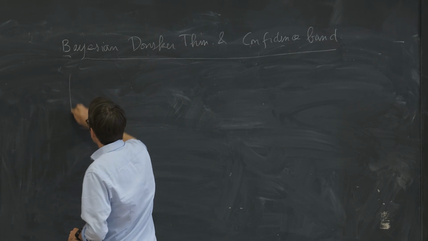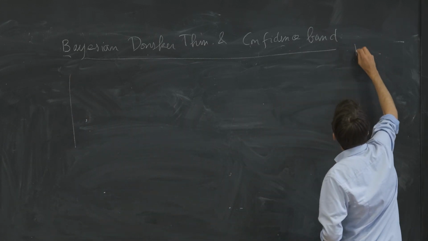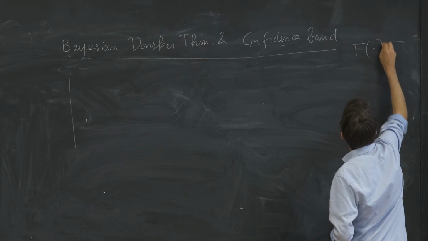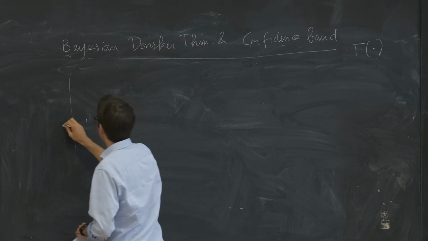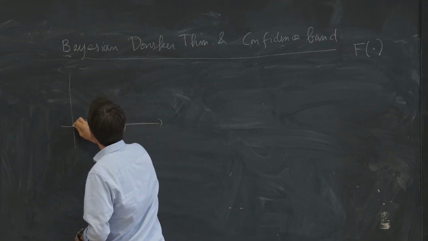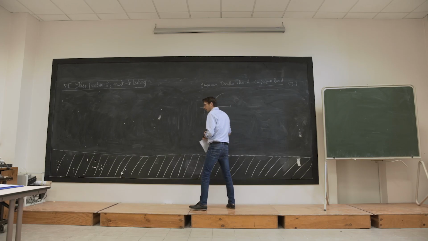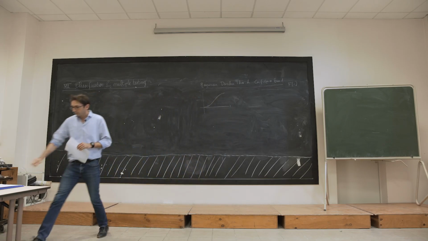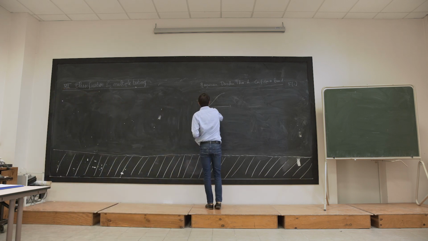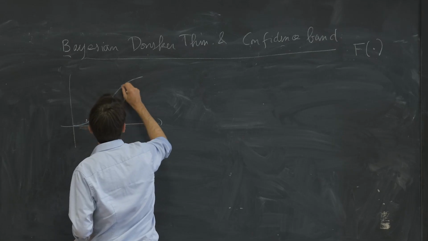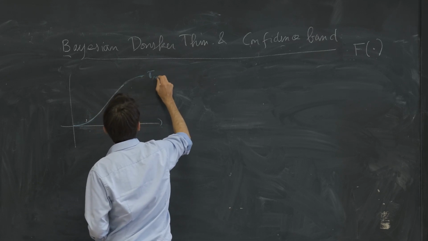So the picture is like this. Recall that we're interested in the problem of getting a confidence band, say for capital F, the distribution function, for simplicity. So here maybe F. F we don't know, but suppose this is, for instance, the centering, which I call Tn.